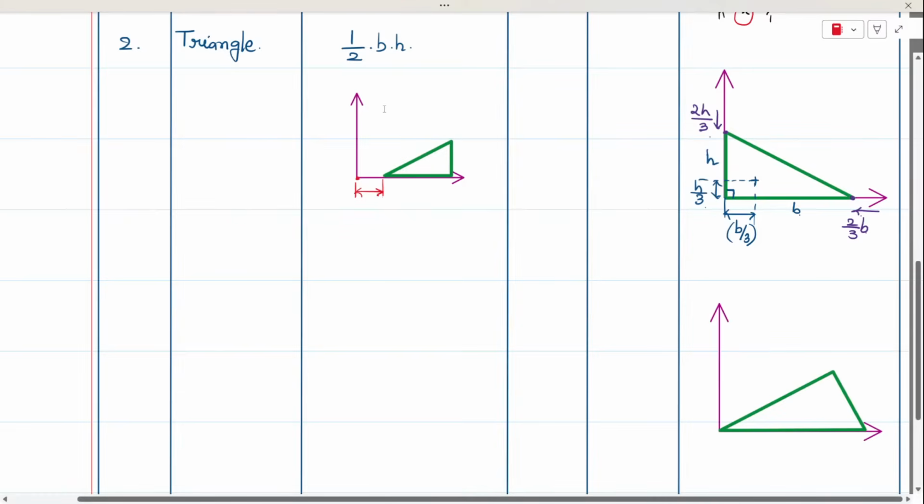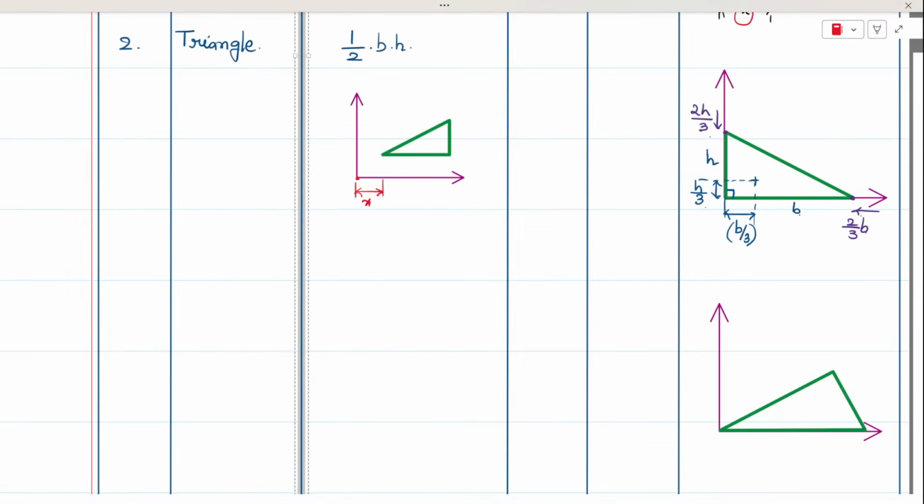And the same way, if the base of the triangle is not on the x-axis, it's, let's say, somewhere over here, then the distance from the x-axis also needs to be taken into consideration. And now here, if you want to mark the centroidal coordinates, then from the apex, it will be 2/3 of base, and from the origin it would be x plus 2/3 of base.